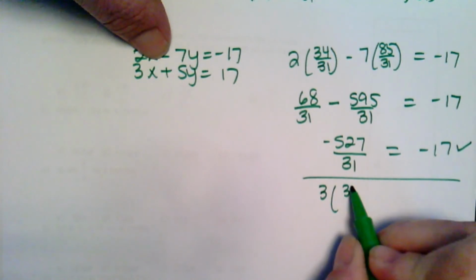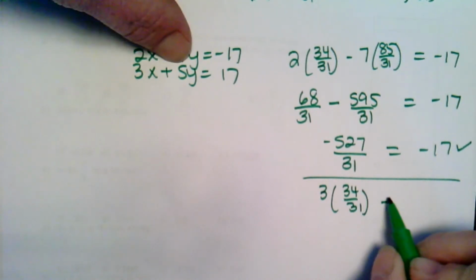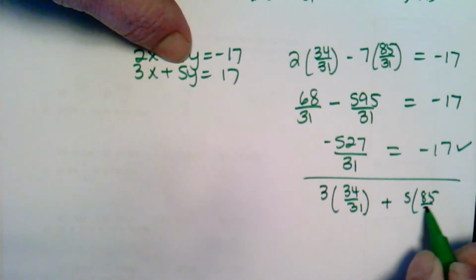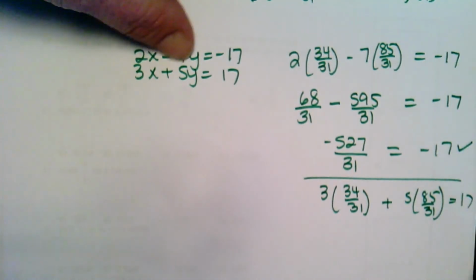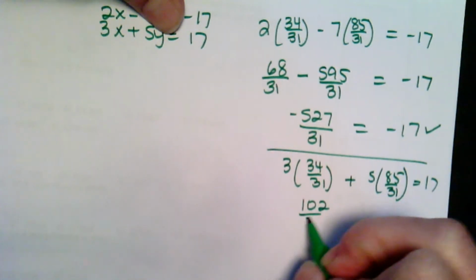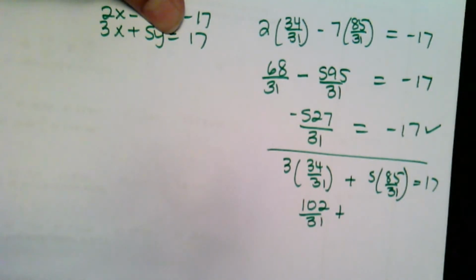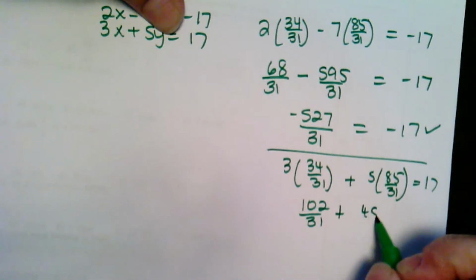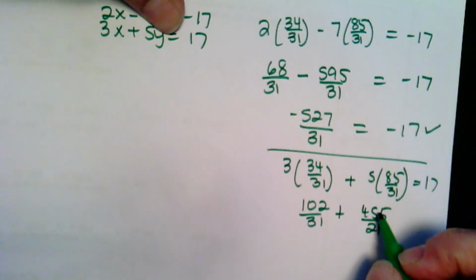3 times 34/31s plus 5 times 85/31s, and we want that one to equal positive 17. And 102/31s, 425/31s.